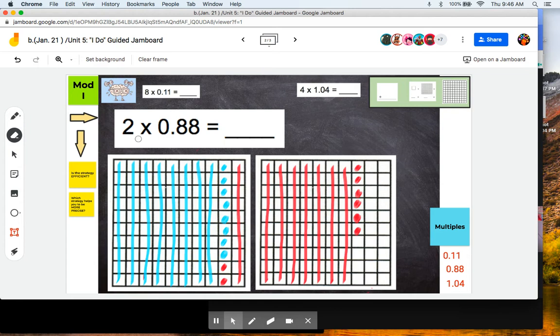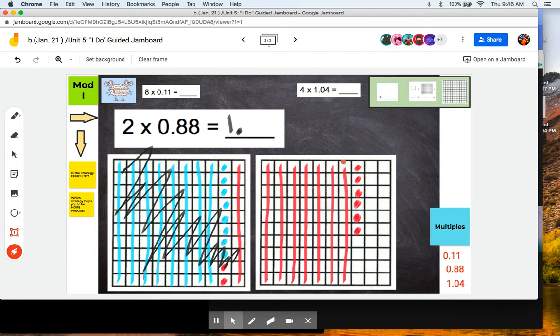So what's my product? What does the product show? My hundredths grid shows that I have 1 whole. So that's 1. And how many tenths do I have? 1, 2, 3, 4, 5, 6, 7.